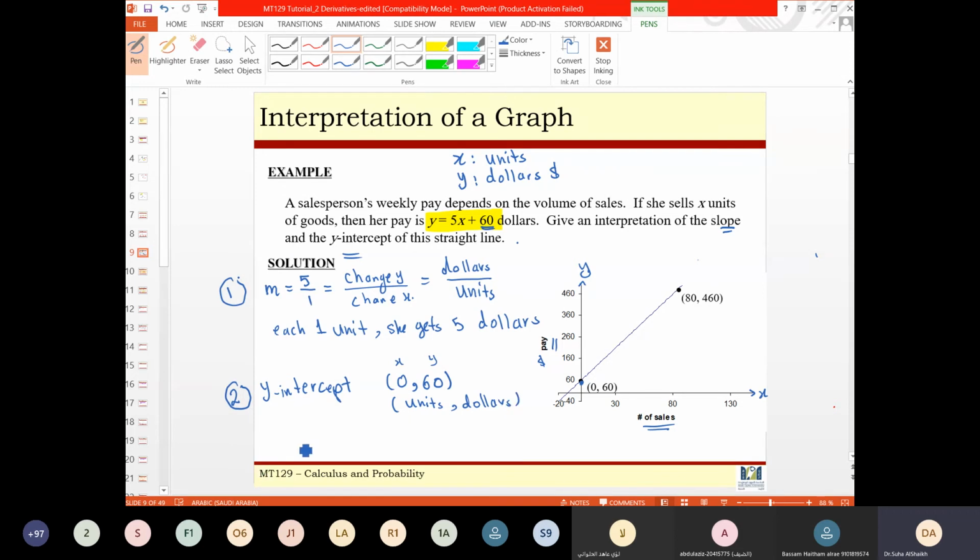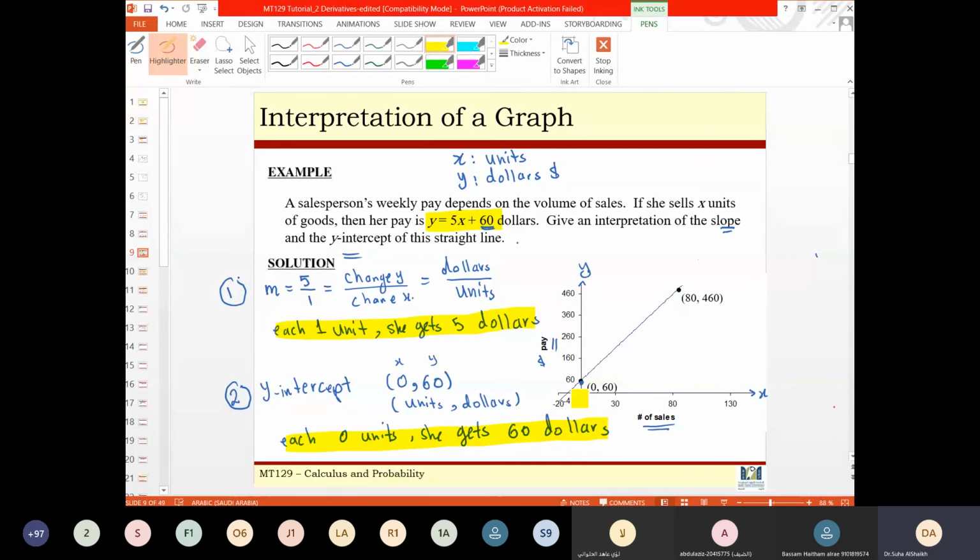So what does this mean? It means for each 0 units she gets $60. فهذا اللي I get it from the y-intercept. إن كل 0 units she will get $60. This is the interpretation. بس هذا معنى الكلام هذا.